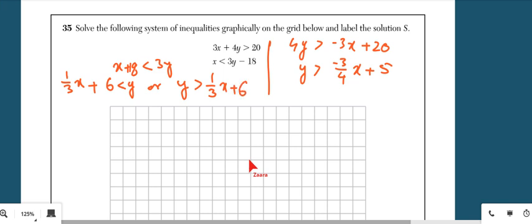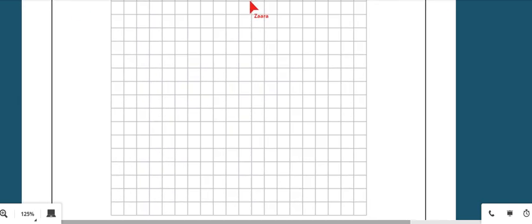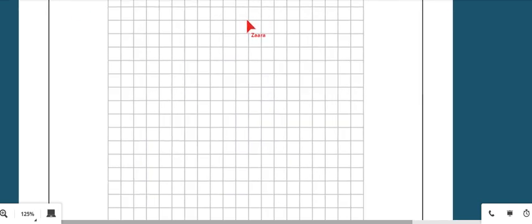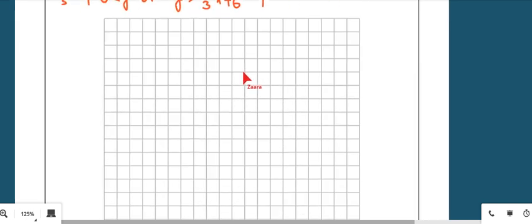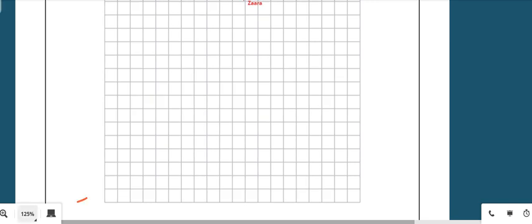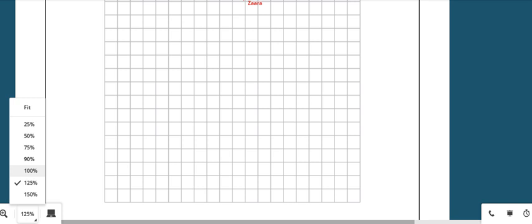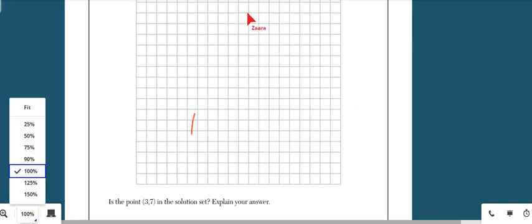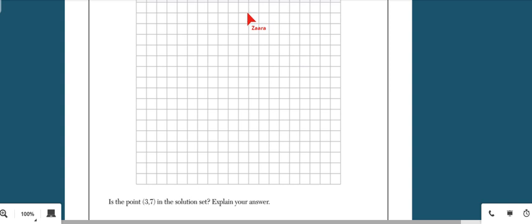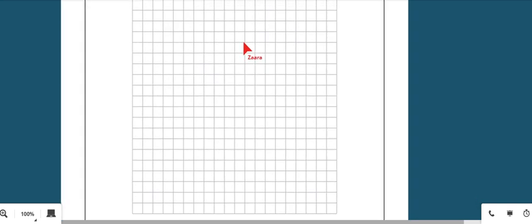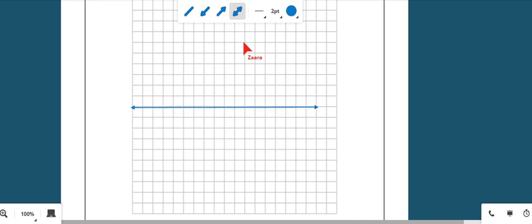Okay, now we have to make the curve. So let's do that. Let's take the origin of this line, and taking the y-axis.